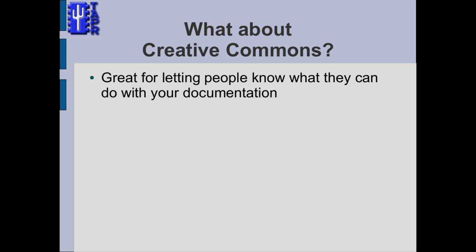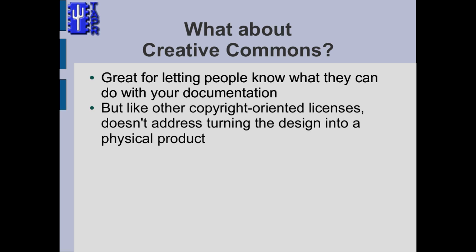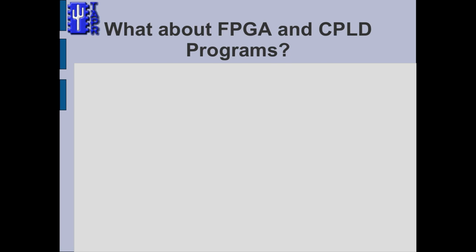It's excellent for that. But like any other copyright-oriented license, it doesn't address turning the design into a physical product, and I think that's the great breakdown that makes the Creative Commons approach not really feasible for a true open hardware design.